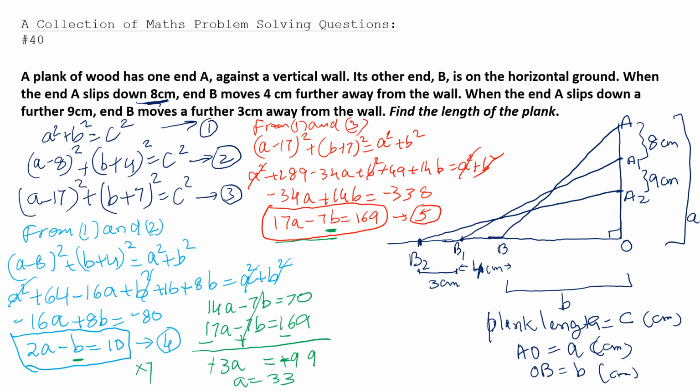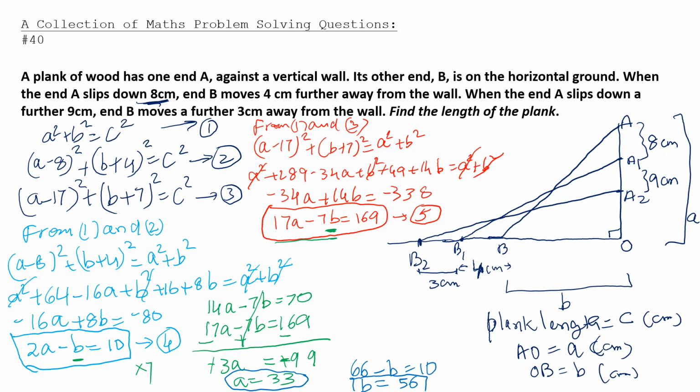So I have got the value of A. Twice 33 is 66, minus B equals 10, so I get B equals 56.